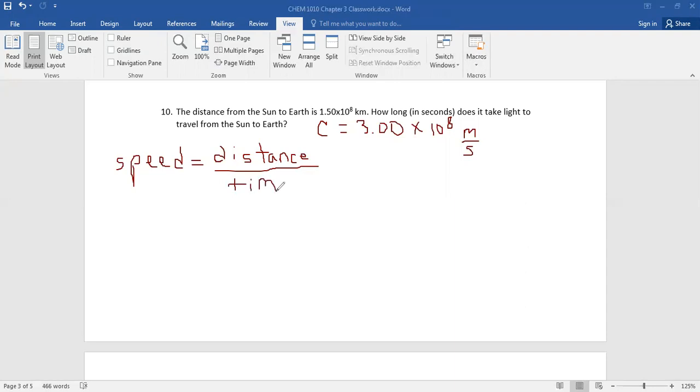Well, we know what the speed of light is. We know what the distance is. So we need to solve for time. So we rearrange this equation and solve for time. So time will be equal to the distance divided by the speed.